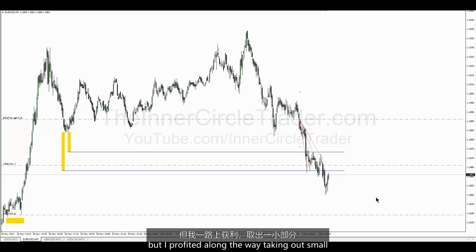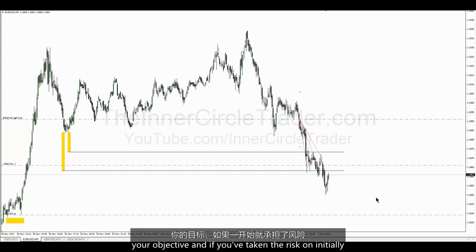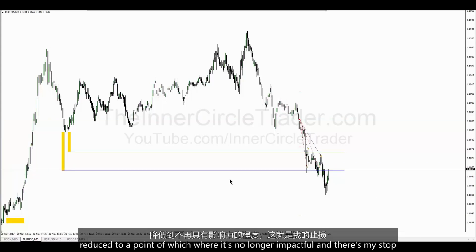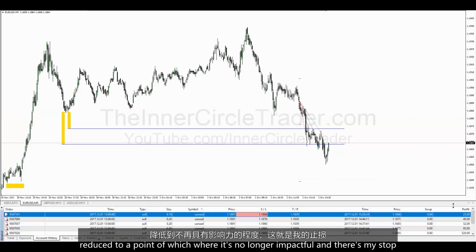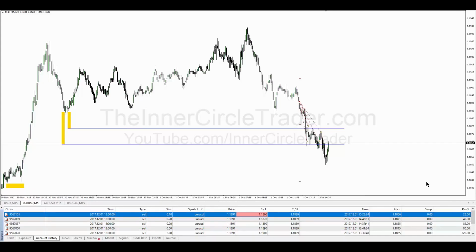But I profited along the way, taking out small portions because you never know. You never know if it's going to go down to your objective, and if you've taken the risk on initially, that risk needs to be reduced to a point where it's no longer impactful, and there's my stop loss being tagged, and there is the fruits of that short.